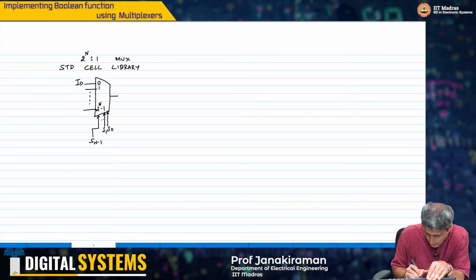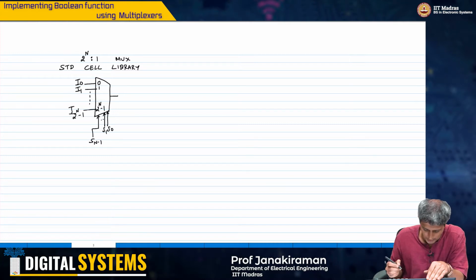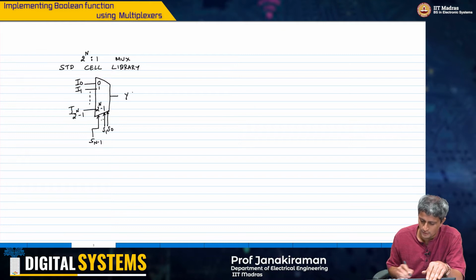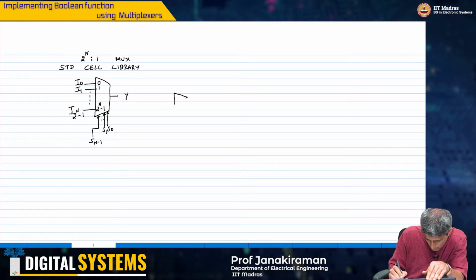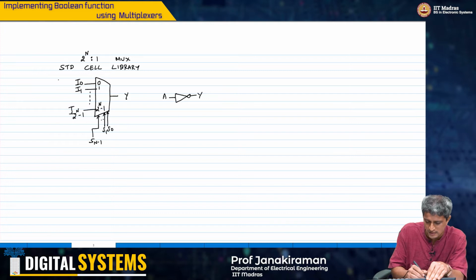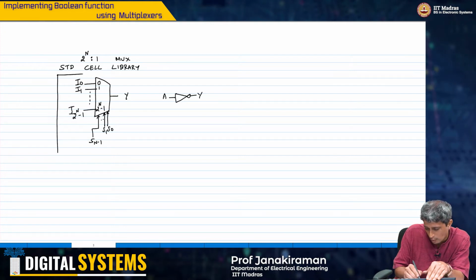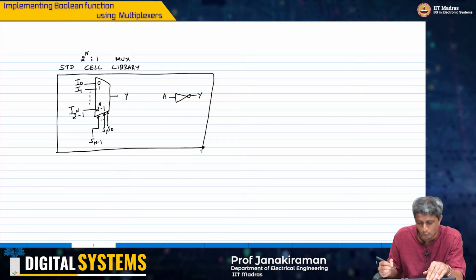So, inputs I0, I1, I2 power n minus 1, and my output y. And I am also saying I have a simple inverter with me, A and y. Okay, this is my standard cell library that I am going to now use in order to implement any arbitrary Boolean function.